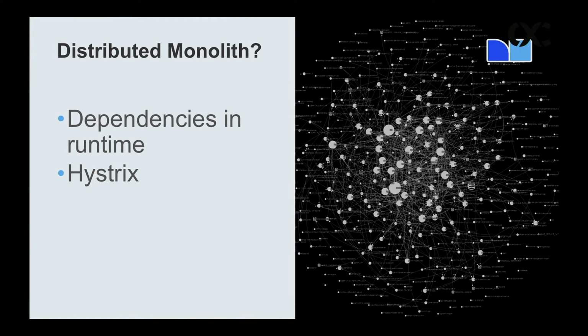And now this was from last year, the microservices we had. Maybe we're just a distributed monolith because you see there are lots of dependencies still. Maybe we just moved the dependencies into runtime. Well, 2 years ago, we started using Hystrix, a circuit breaker made by Netflix.